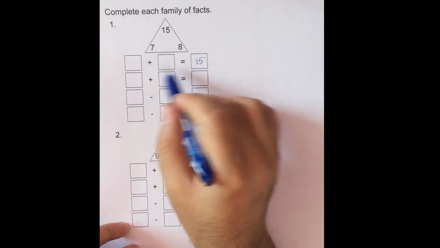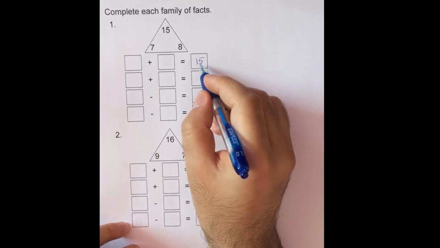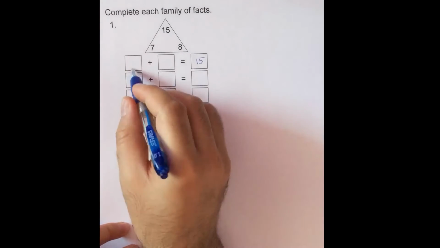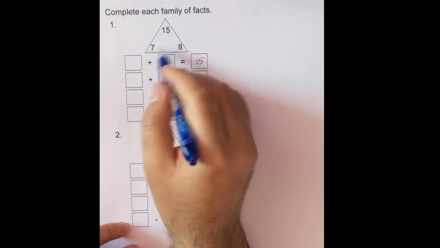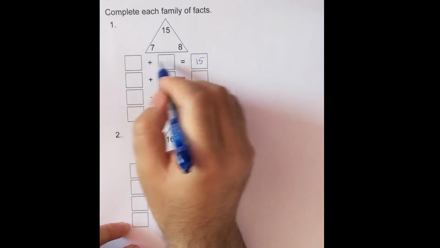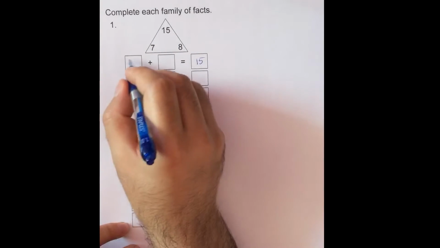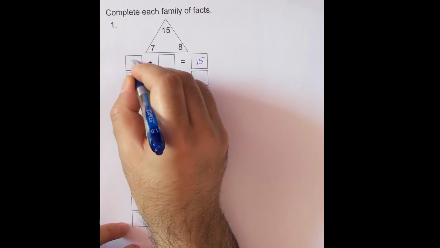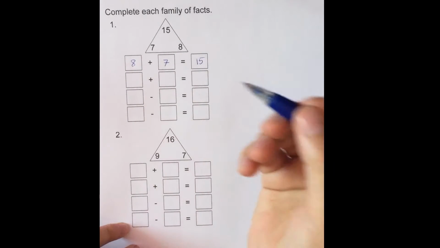The numbers have to change, or the sign has to change one way or another. So we write 15 here, and what is left is only these two numbers. You have to use three of them in here. So we automatically know that it has to be 8 plus 7. 8 plus 7 is 15.